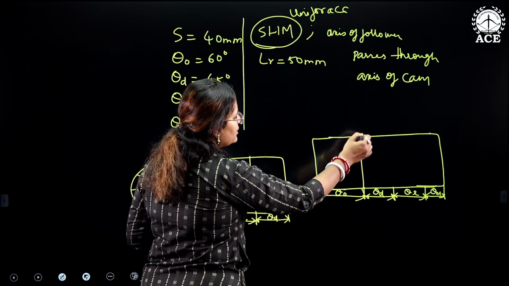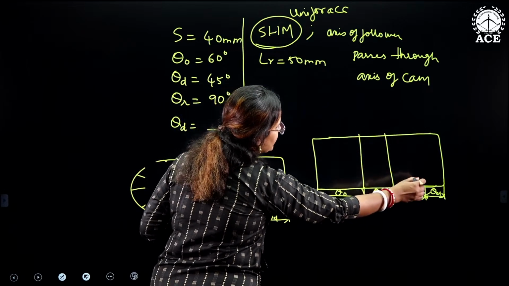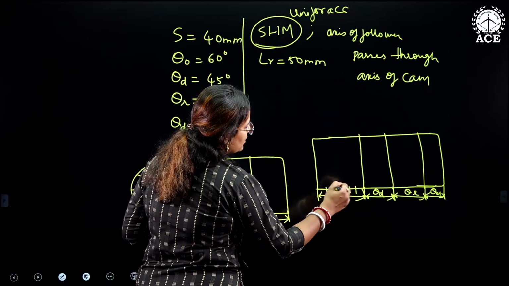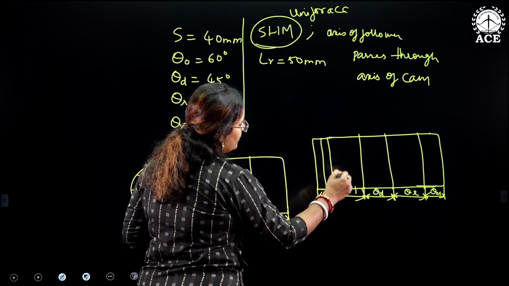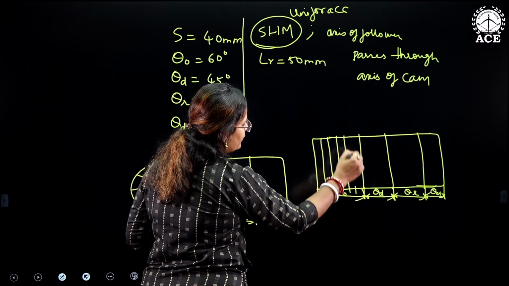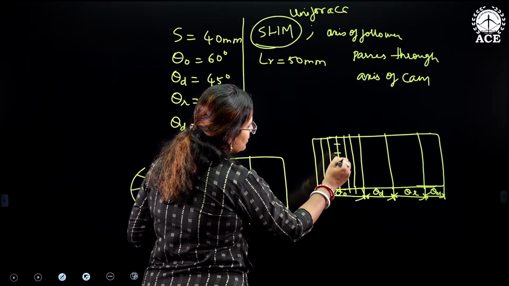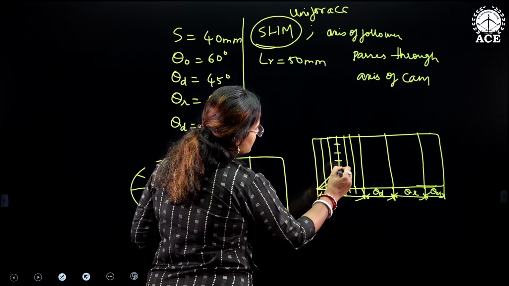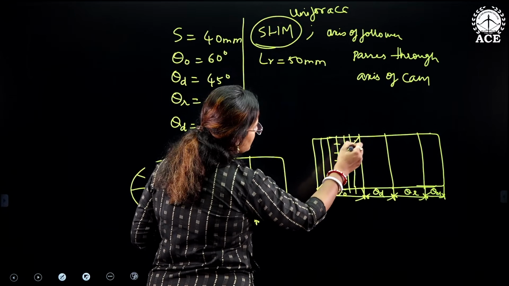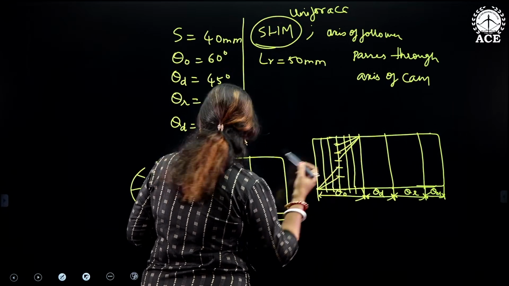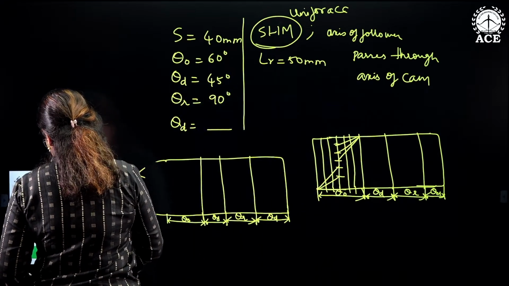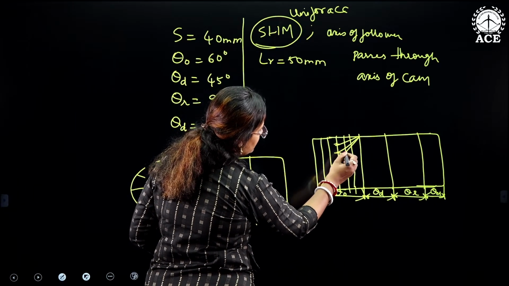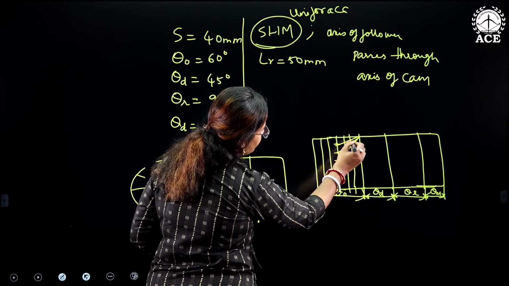Then for the uniform acceleration condition, how do we draw this displacement diagram? We divide this particular part into 6 equal parts, and the middle point we divide again into 6 equal parts. Then we join these two lines like this, and then we generate the curve like this.